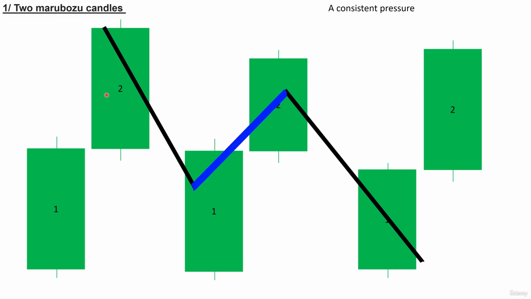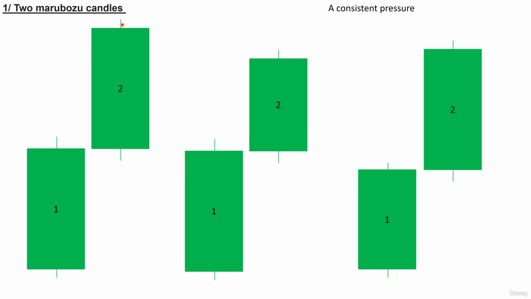You can see on my screen that two Maru candles can appear like this: the first candle here, the second candle here, and sometimes the second candle is a little smaller than the first candle, and sometimes the first candle is a little smaller than the second. But all the differences must follow our rules.